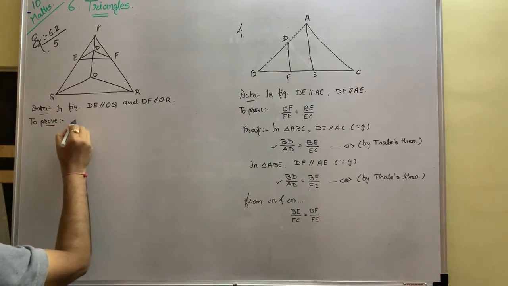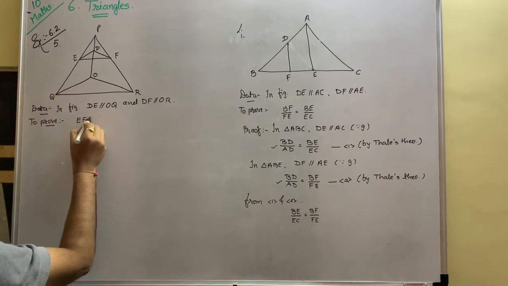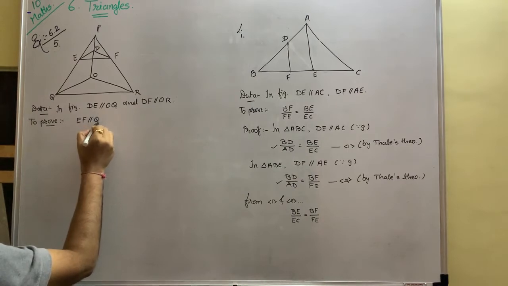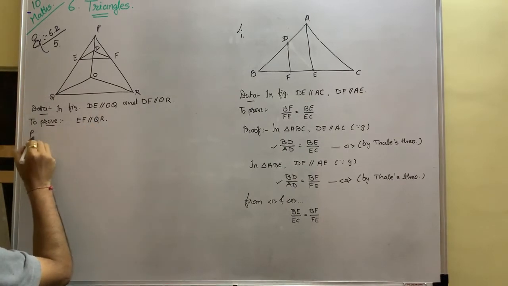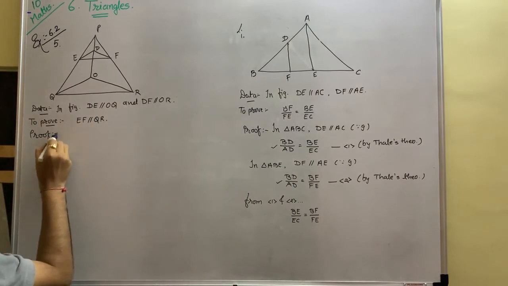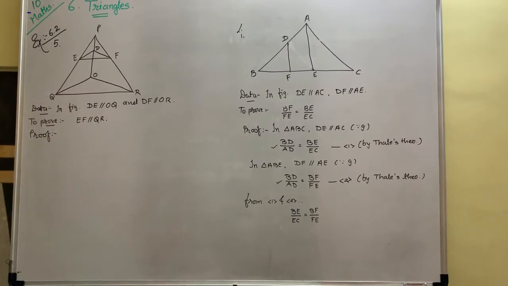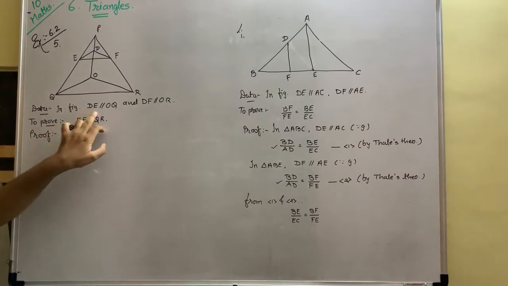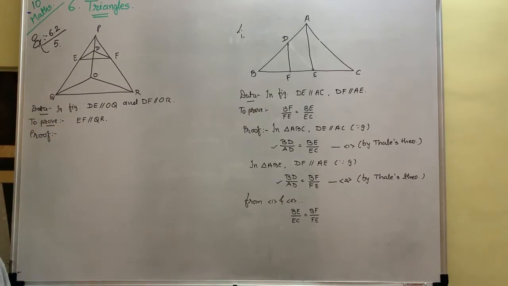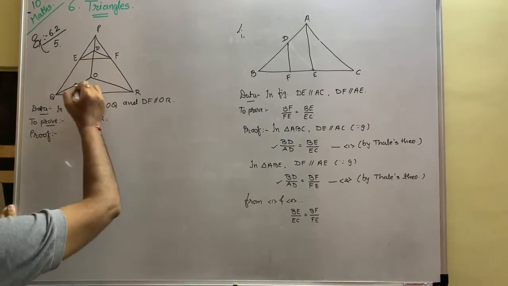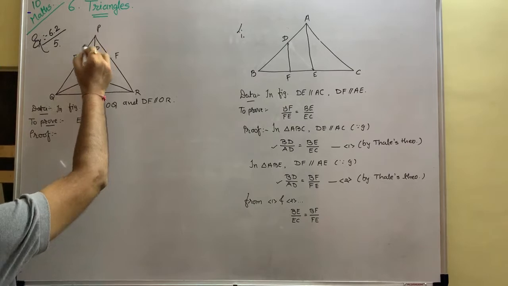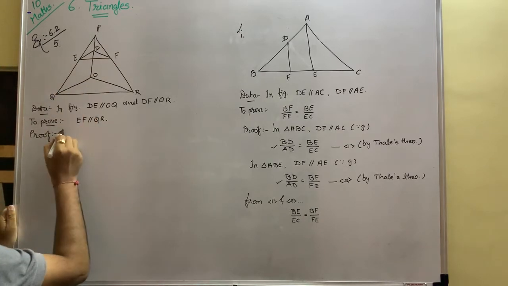To prove: EF is parallel to QR. See, first we start with DE parallel to OQ. Select triangle POQ.